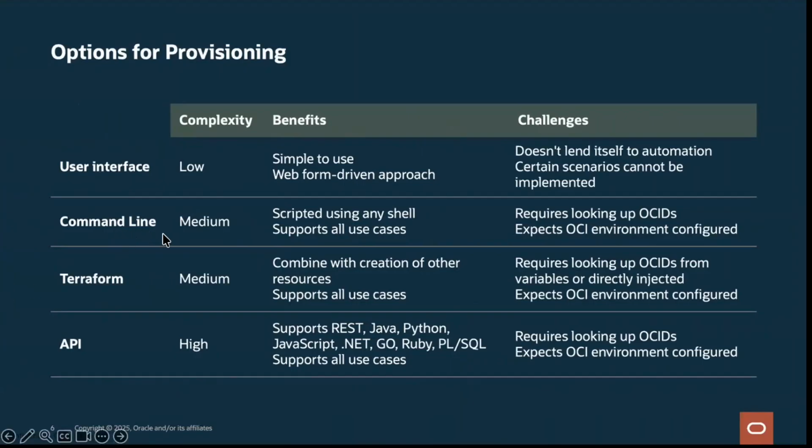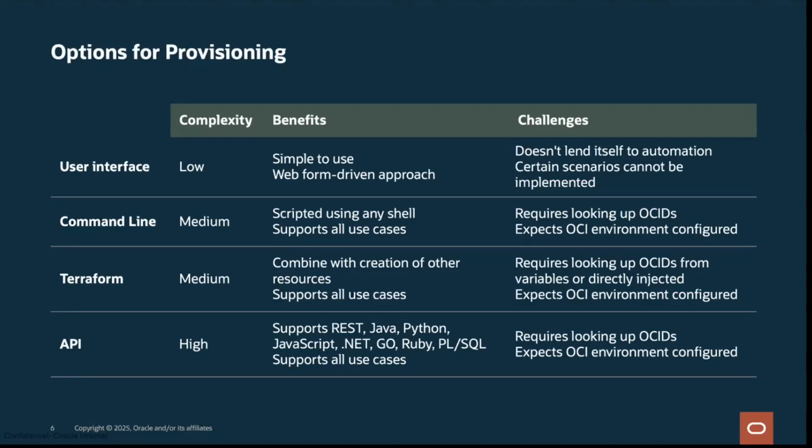Next one is the command line. So you can go into OCI and you can use the best thing to do in this is to use the Cloud Shell because that is configured for you automatically. However, you can use any shell as long as you've installed the OCI libraries and have the OCI command line available.